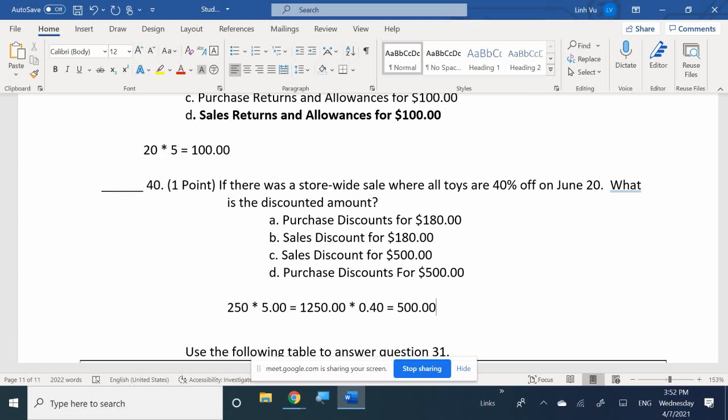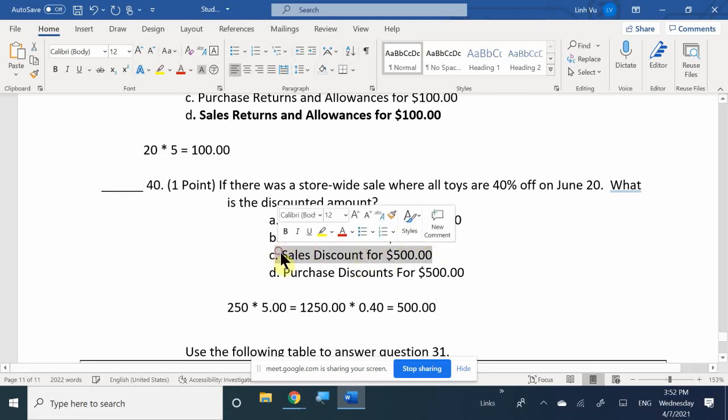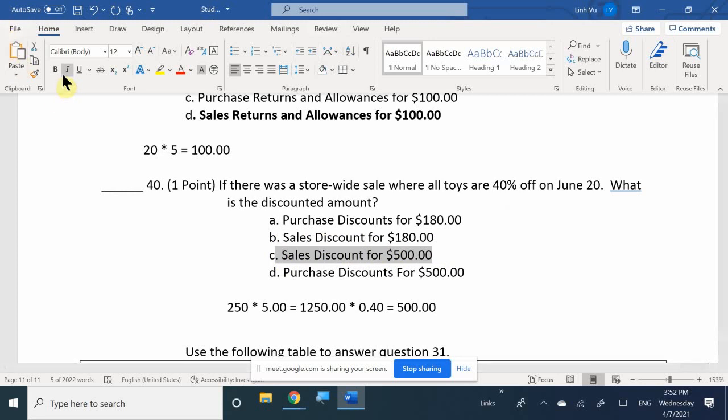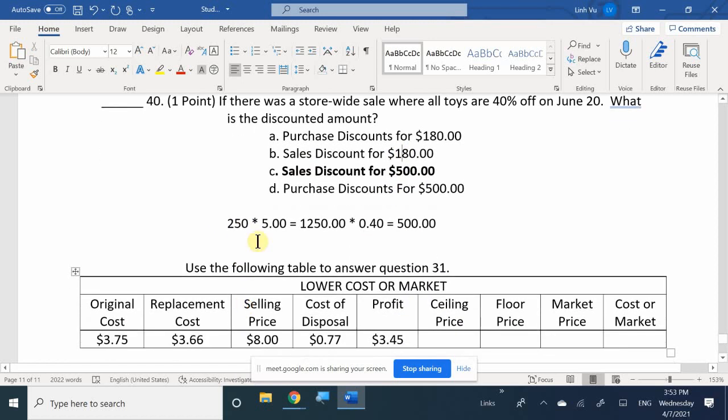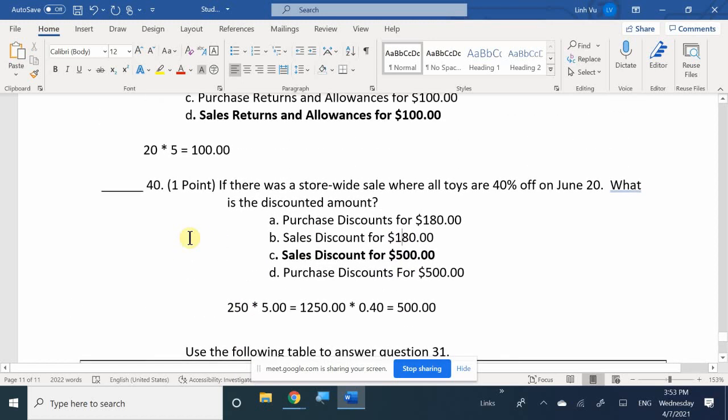Because it's a sales discount, not a purchase discount, because we're dealing with customers, that is your answer right here. We're not taking a discount off of what we originally purchased. It's based on the selling price. So just a little FYI. Anytime we're dealing with customers, it would be the sales discount or the sales returns, because you can only sell to a customer.